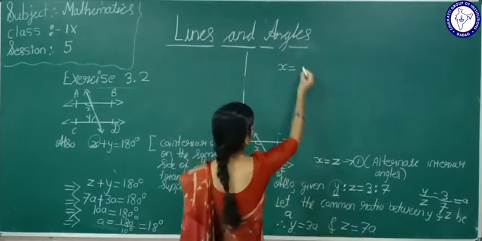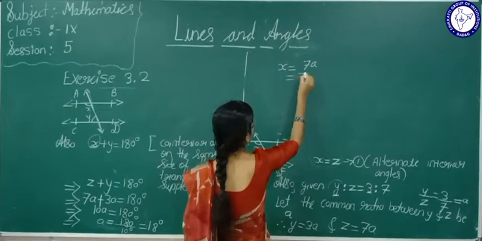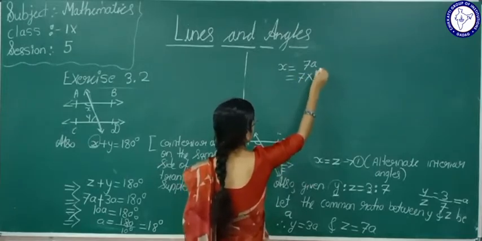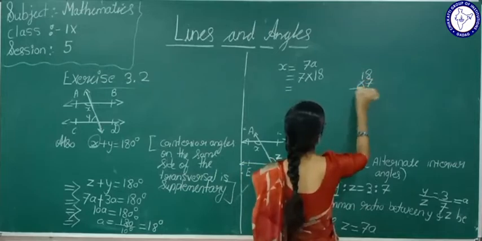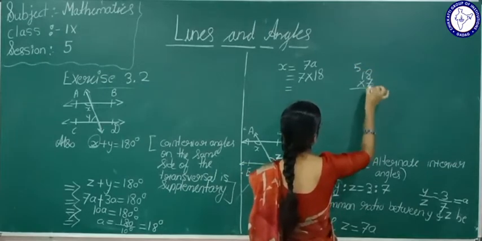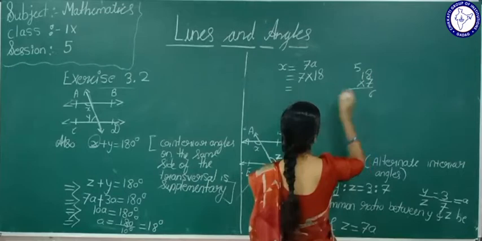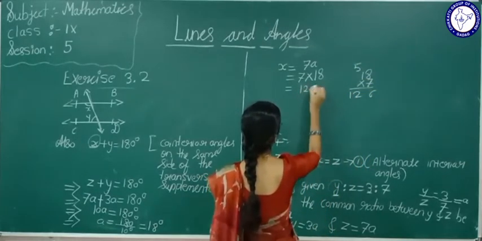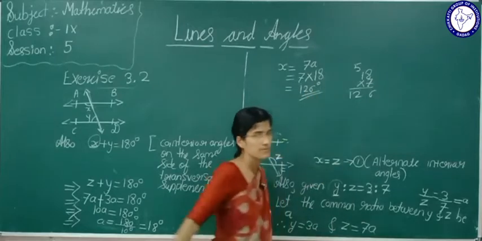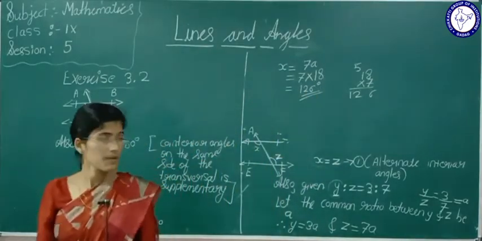Z is nothing but 7a. A value we got, a is 18. 18 sevens is how much? 8 sevens are 56, 7 is a 7, 7 plus 5 is 12. It will be 126 degrees. Okay.